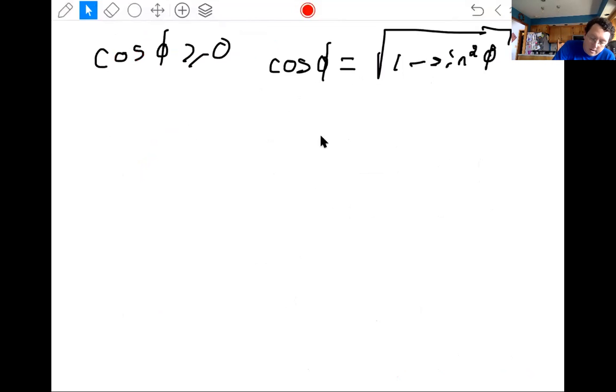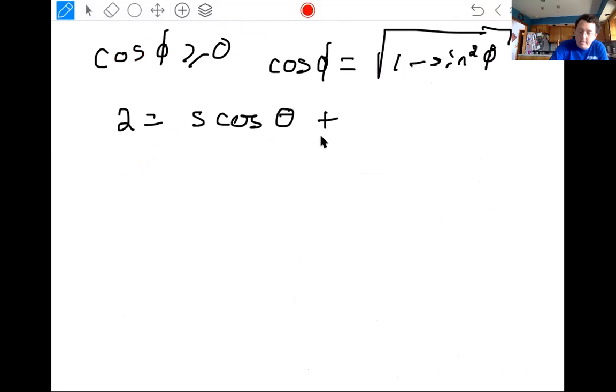So I have 2 equals s cosine of theta plus 1 times cosine of phi, which is just going to be the square root of 1 minus sine squared phi.